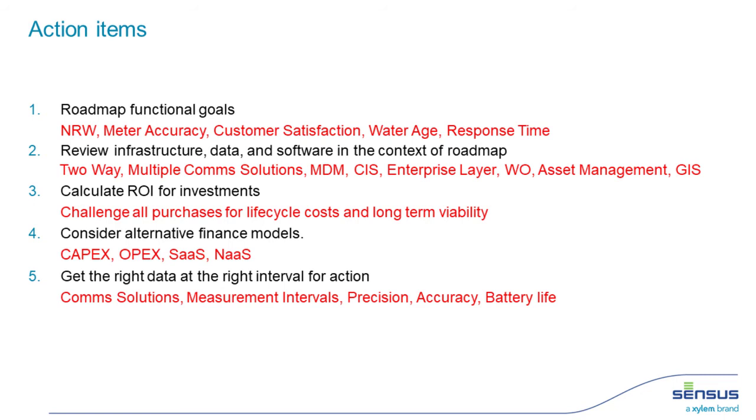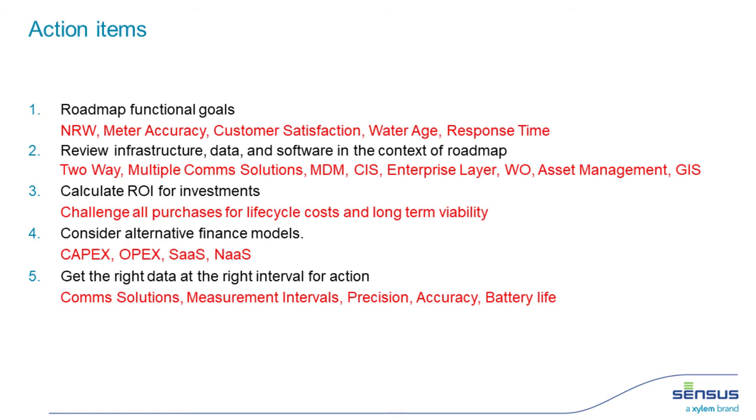So finally, this is my last slide. I always like to end with some action items. I've been a huge proponent recently of these roadmaps, focusing on functional goals, and then reviewing your infrastructure, your comms, your data, the software, what you need. What do you need from your tools to help you accomplish those goals? For all these things, ROI is important, but that's not always very easy to do.